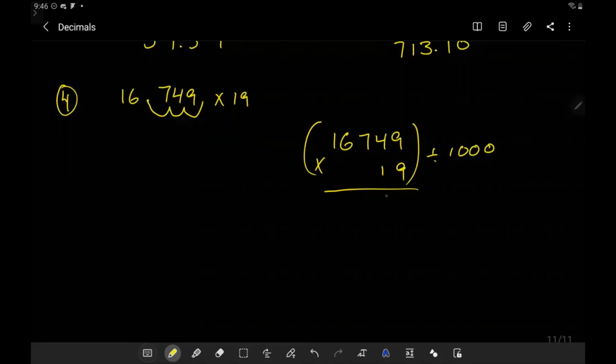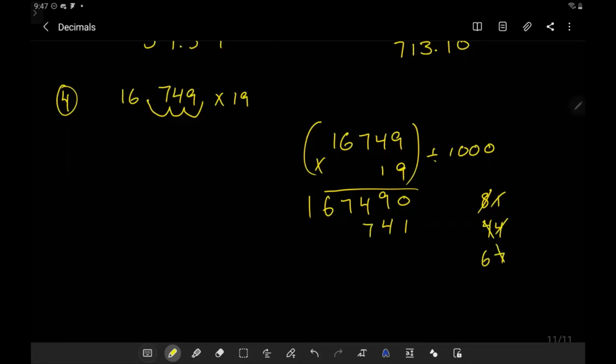So for this one, we multiply by 10s column. So we have 9, 4, 7, 6, 1. Multiplying by 1s: 9 9s are 81. 9 4s are 36, and 8 is 44. So you have 44 here. 9 7s are 63, and 4 is 67.